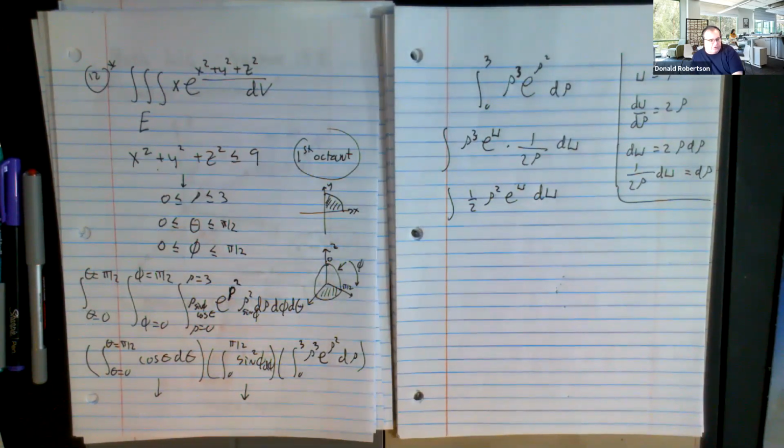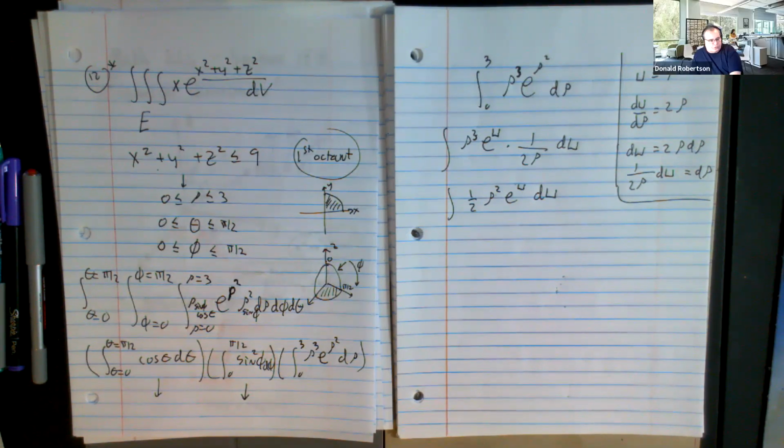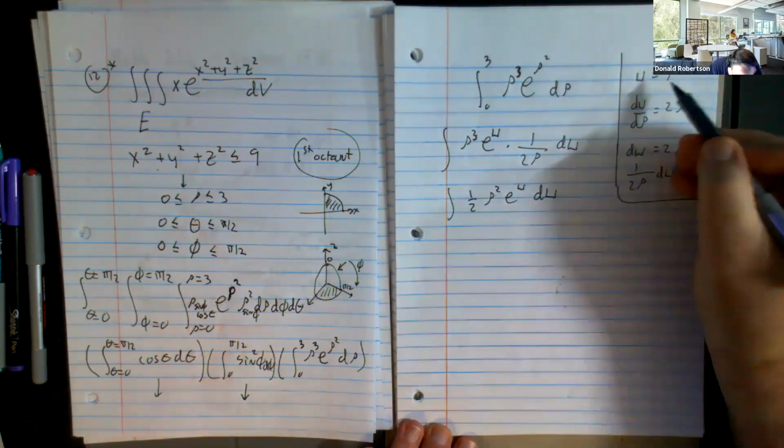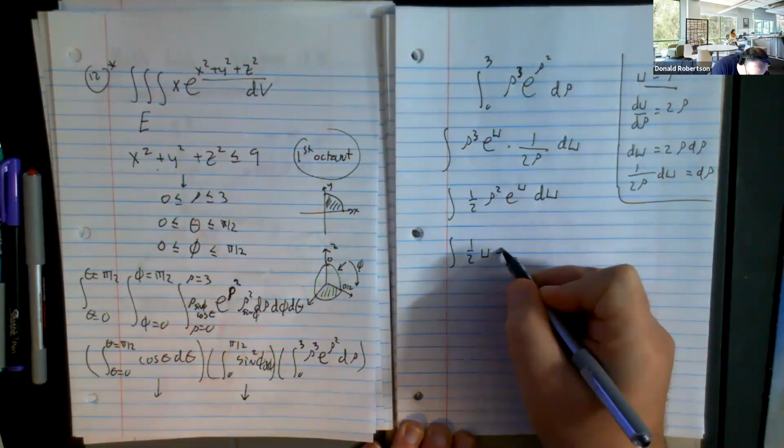And you know that you shouldn't have rho's left over, right? The variable in this case is rho. You shouldn't have anything with a rho left over, and we've got a rho squared left over. But if you're lucky, can't you replace rho squared with something with u? In fact, exactly with u. Which means that we now have this guy.